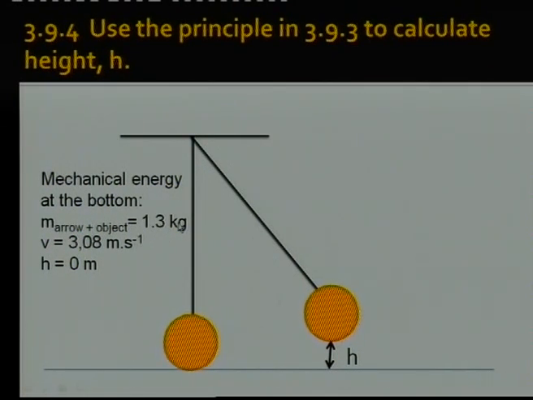In the previous example, we calculated that the arrow and the object were moving at a velocity of 3,08 meters per second. So this object is moving. The reference point that I have here is this line at the bottom.